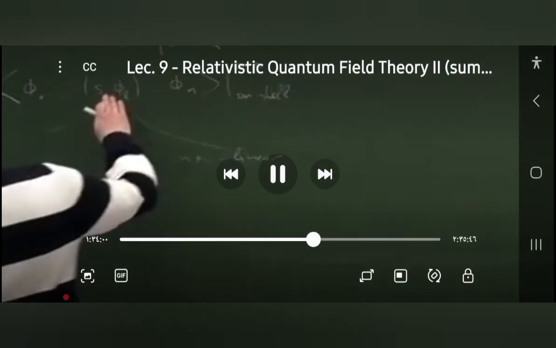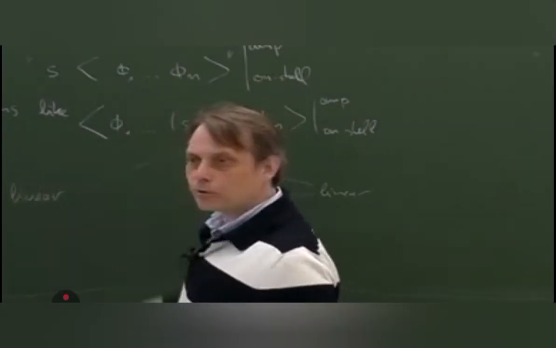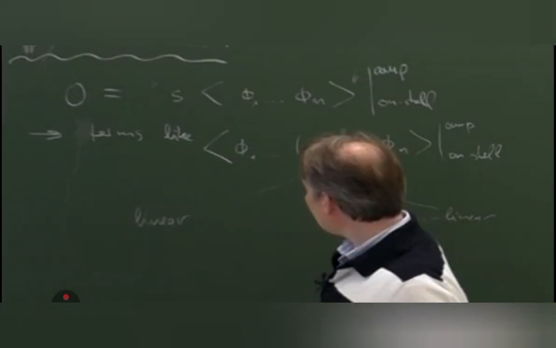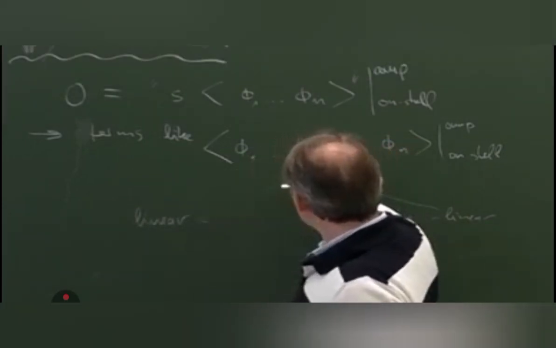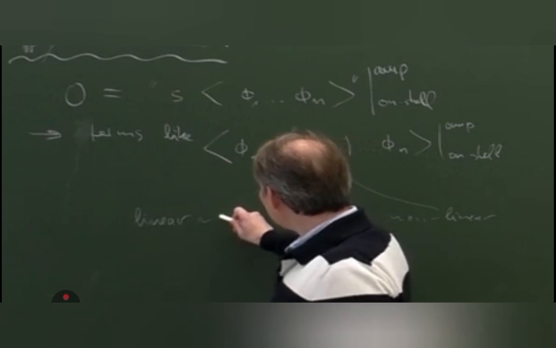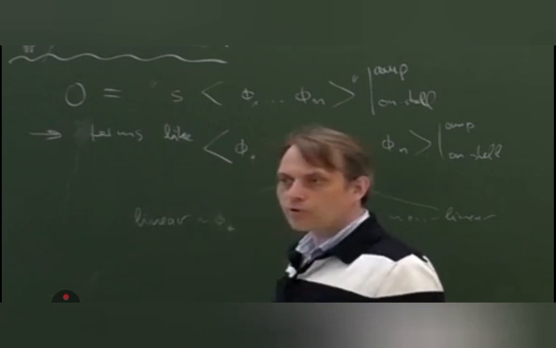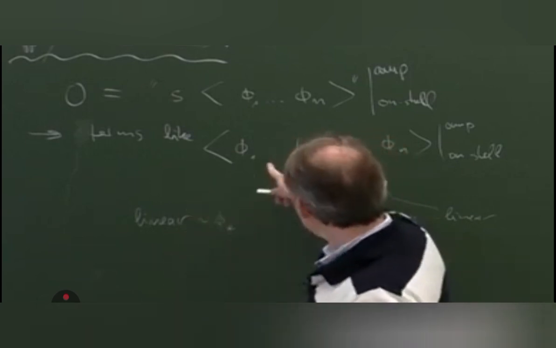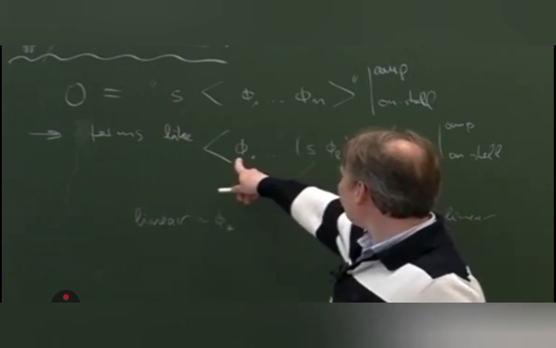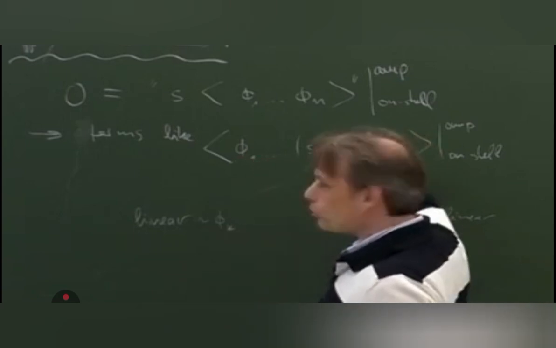How do Feynman diagrams look like which result from the linear terms? Such Feynman diagrams look like follows. So a linear term S of phi L would be something, let's say, proportional to some yet another field phi k, but only one phi k. So then what stands here is a green function phi 1, phi 2, and so on, and then phi k, and so on up to phi n.